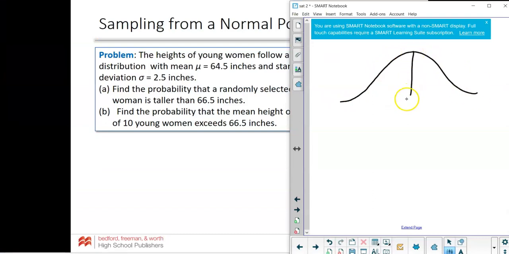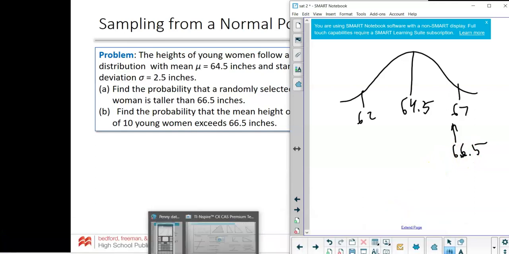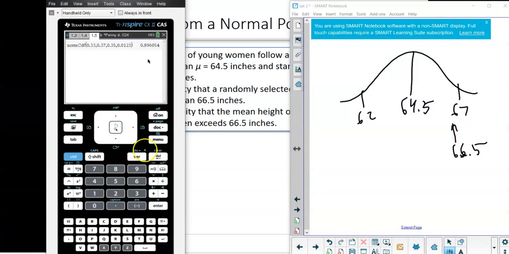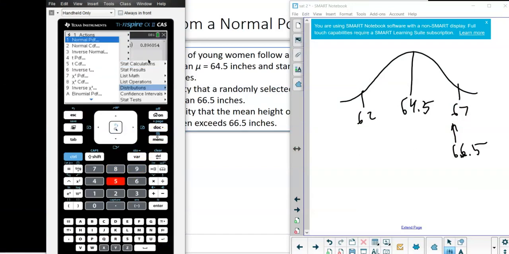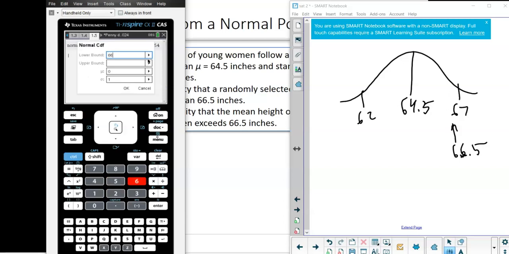Okay, so if that's true, we could draw this, right? The mean is 64.5. Standard deviation is 2.5. So if you add 2.5 to that, you get 67. Subtract 2.5, you get 62, and so forth. It's 66.5. So 66.5 is here, and you want that or bigger. So you go to your normCDF on your calculator. Lower bound is 66.5.